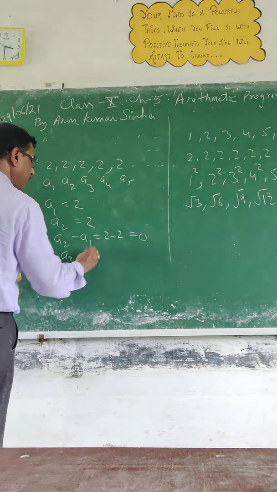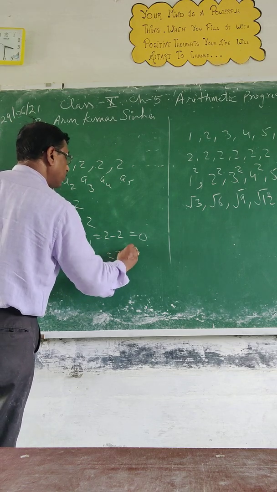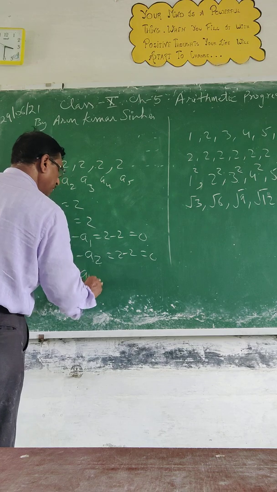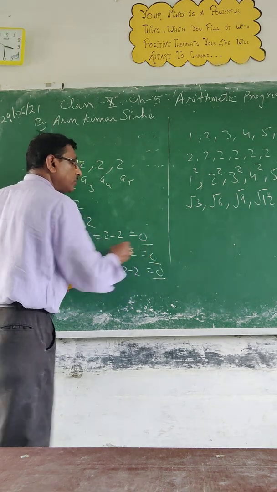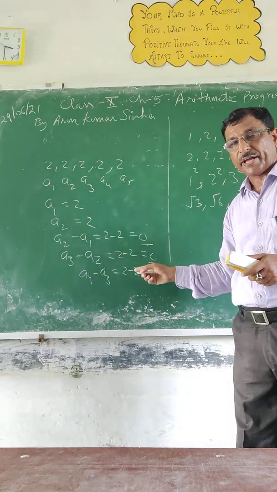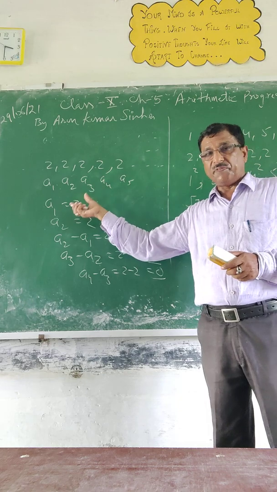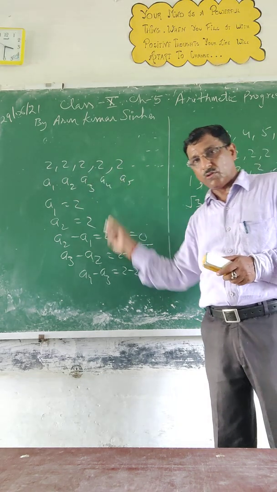Then for the third term, 2 minus 2 is 0. A4 minus A3 is 2 minus 2, that is 0. 0 is also a number. So 0 is added every time, or the difference of two consecutive terms is 0. That means it also forms an AP.